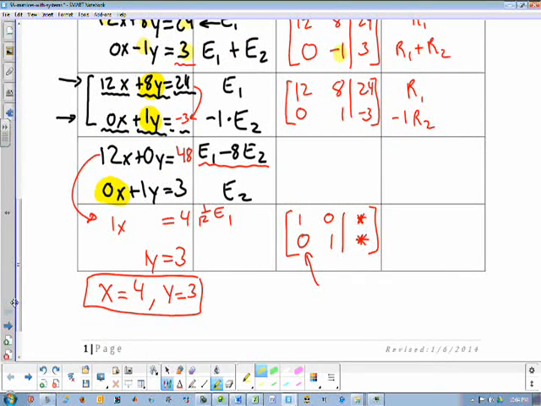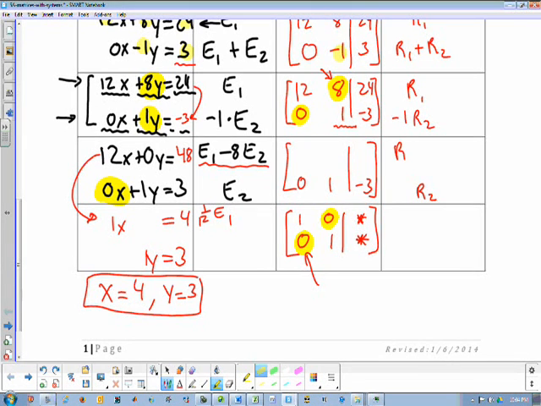Now the second row is just fine. We're going to leave it alone because it already has 0, 1. That's what we want. And we want to take the first row and make this 8 become a 0, because that's our goal down here at the bottom. We already have a 0 in the bottom left, but we need this 8 to disappear. So we can take 8 times the second row and subtract it from the first row.